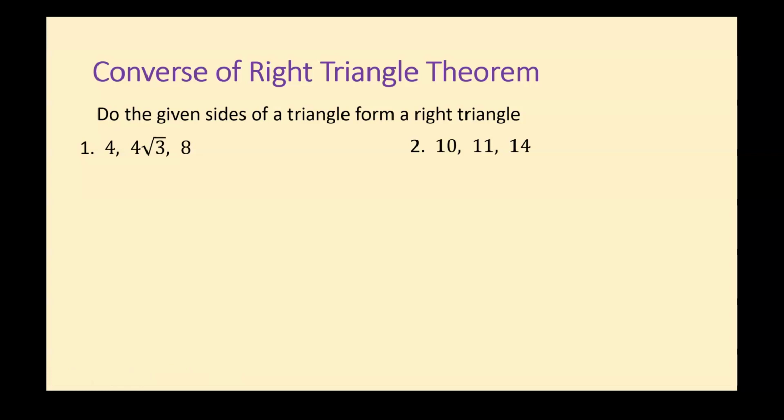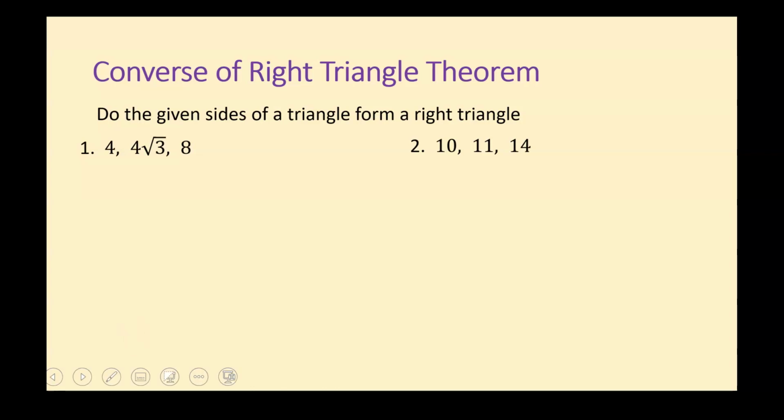So we can determine just by having sides of a triangle, is it a right triangle or not, if we have three different sides that we're trying to put together. So number one, if I have 4, square root of 3, and 8 are my three sides, and these are listed from smallest to largest.